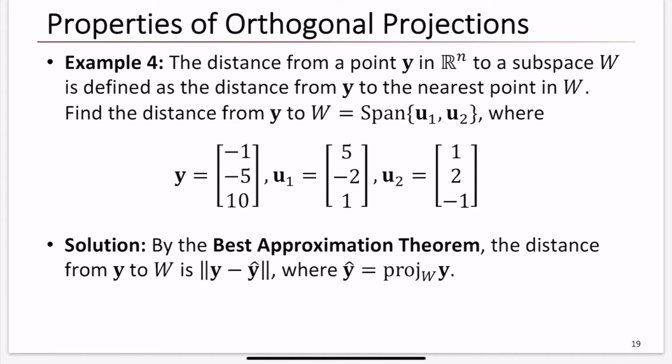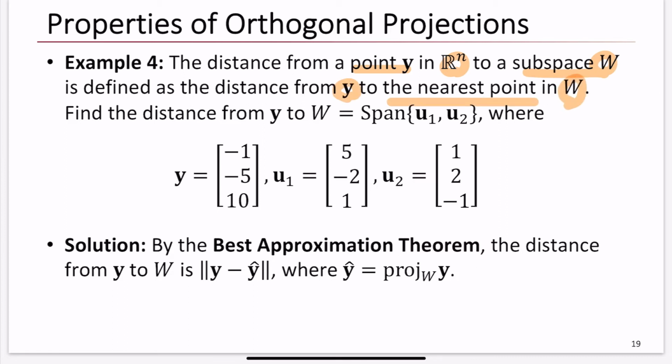And how to use this best approximation theorem? Let me show you an example. The distance from the vector y in Rn space to the subspace w is defined as the distance from the vector y to the nearest point in w.